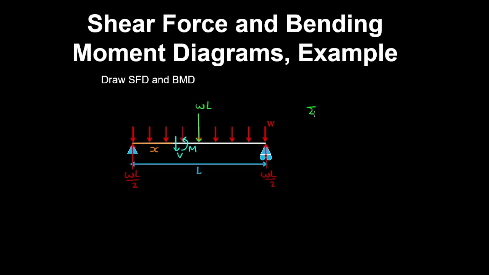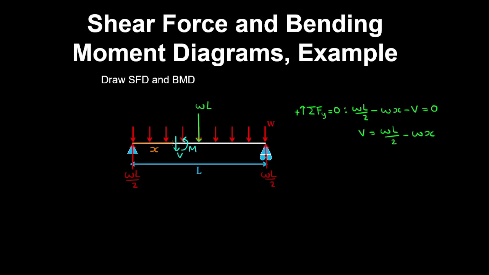So if we take a vertical equilibrium of forces on that section, with upwards being positive, then we have WL on 2 minus W by the distance x minus the shear force is equal to 0. So therefore the shear force is WL on 2 minus Wx.